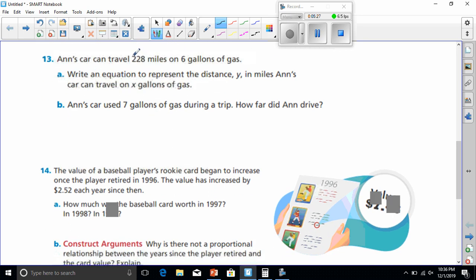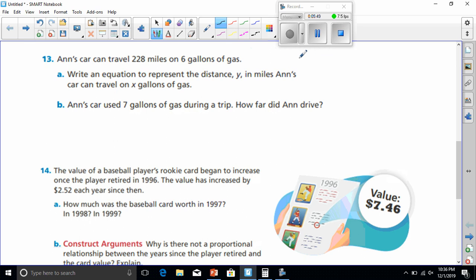Anna's car travels 228 miles on 6 gallons of gas. Write an equation to represent the distance, y in miles, that Anna's car can travel on x gallons of gas. So to do this, we'll have to find out how much she can go on 1 gallon of gas.